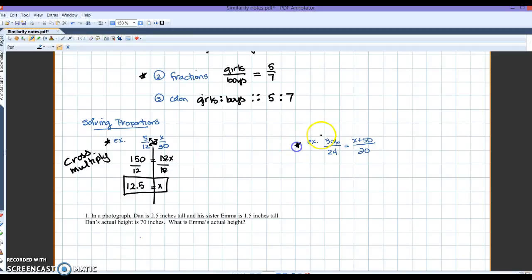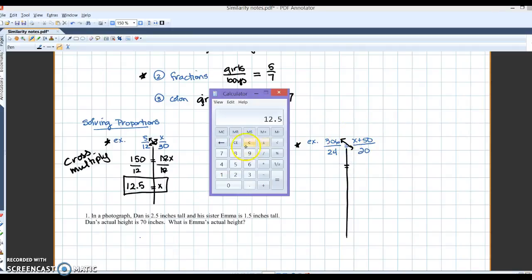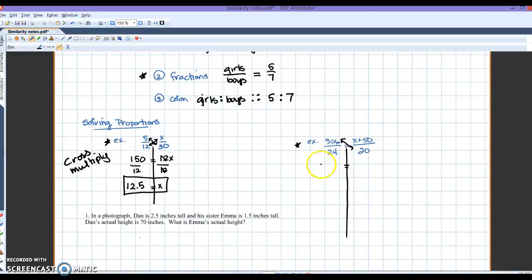The problems can get a tiny bit more difficult if you've got the distributive property involved. So let's just have a quick reminder. Once again, I'm drawing my line, keeping my equal sign on the line, and I'm going to cross multiply. So I have 306 times 20, which is 6120, equals, and now I'm going to cross multiply again, but this time I need 24 times that whole thing, which means I need to distribute.